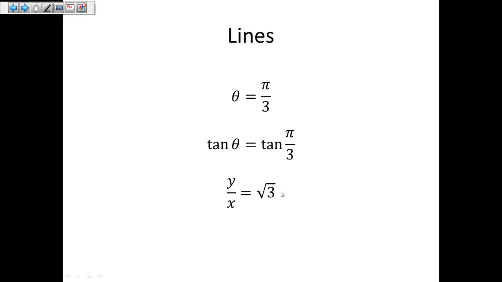So now, just some really simple algebra. I've got y equals the square root of 3x. May not really look like it to you, but this is just a straight line with a slope of square root of 3 and a y-intercept of 0.